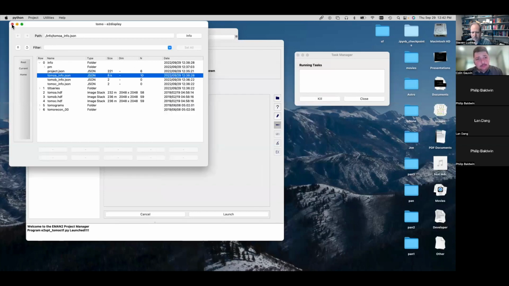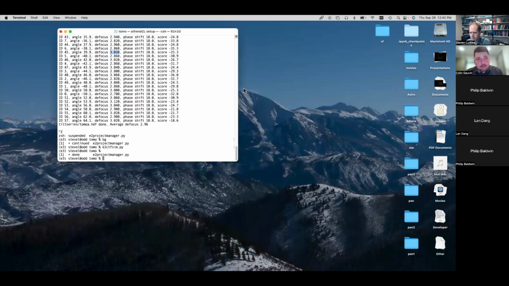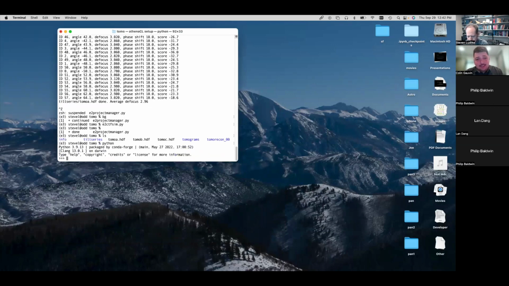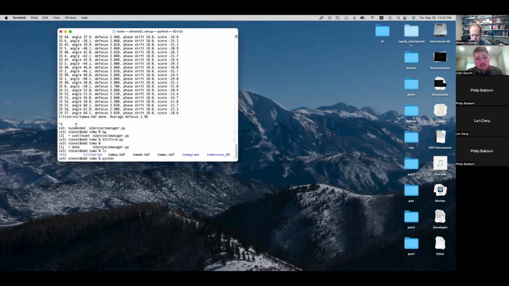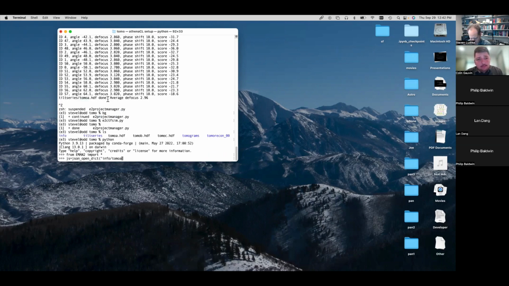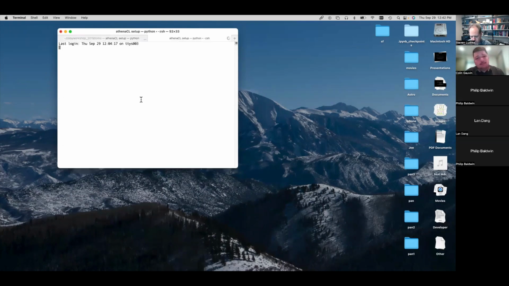If you wanted to get access to that from Python, since we're supposed to be talking about Python, we would just say JS equals JSON open dict, info slash what was it called? There we go, Tomo A. I'm not sure what file name was actually used.